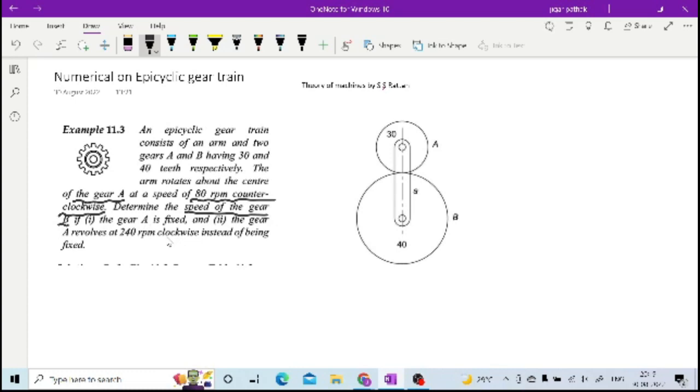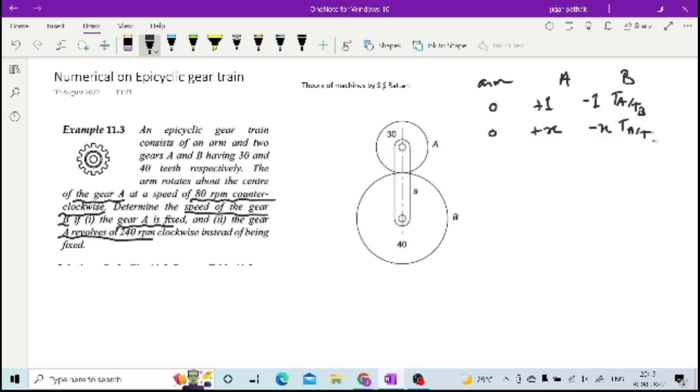Now you are provided two different conditions. One is gear A is fixed, and the other is gear A also revolves at 240 rpm clockwise. First we are going to make the table we made earlier. We have the arm, then gear A and gear B. First is 0, then +1, then -1 into TA by TB, because it is driver upon driven.